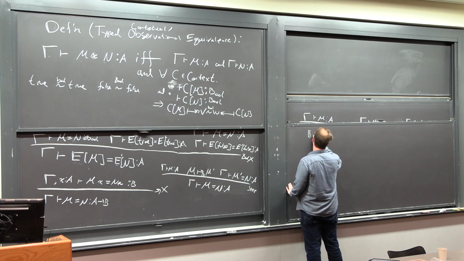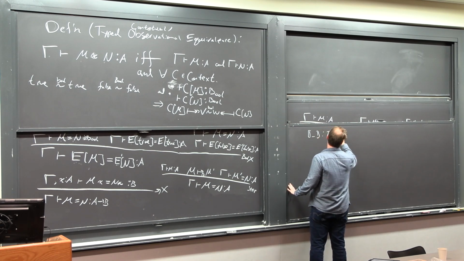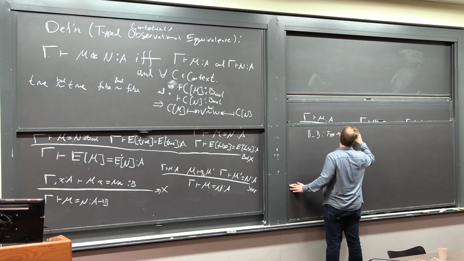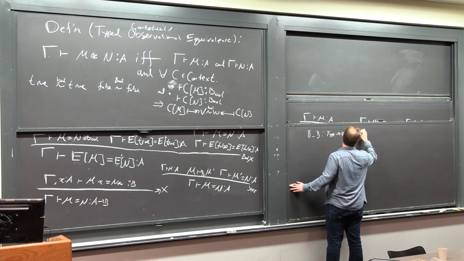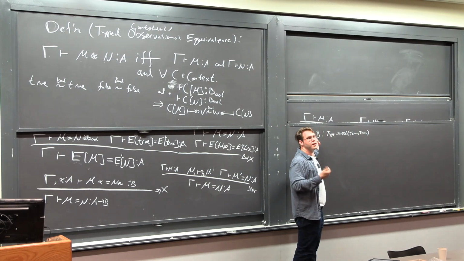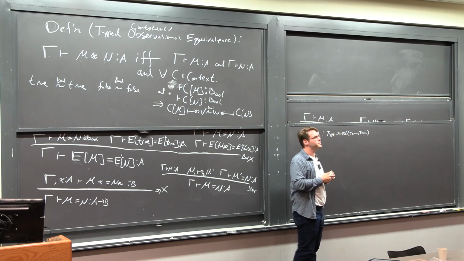These denotation brackets are saying, give me a type, and then I will give you a relation between two terms. This is a binary relation between two terms. And we're going to define it by induction on the type, because the syntax of types is defined inductively.